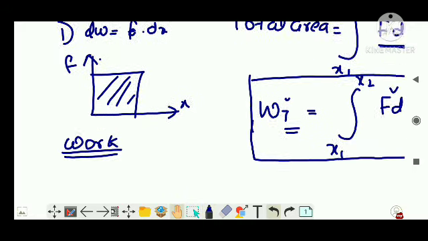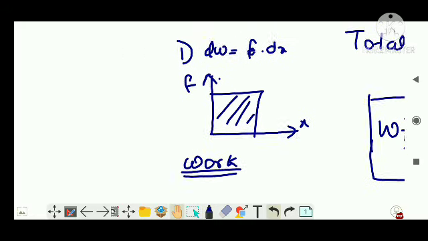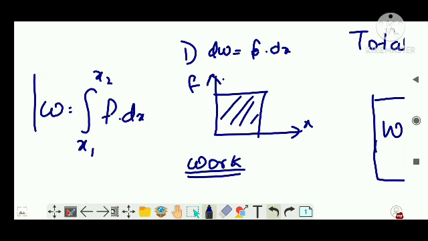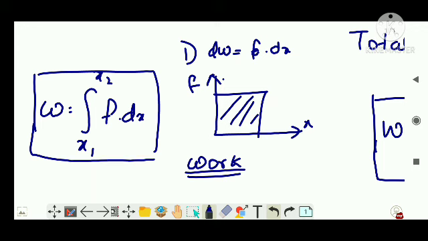The first point you can learn from this derivation is that the area under a force versus displacement graph gives you the work done. And the second is that for a variable force, the work done is the integral from x1 to x2 of f dot dx. These are the two important criteria you have learned from this derivation. Clear?